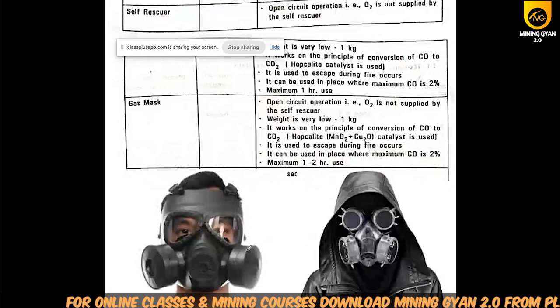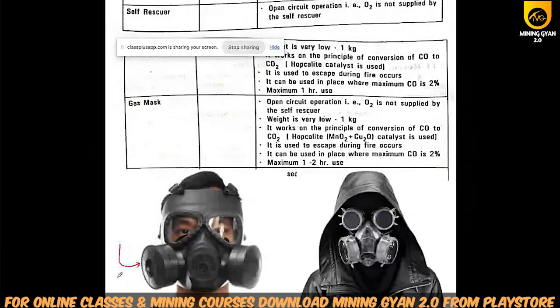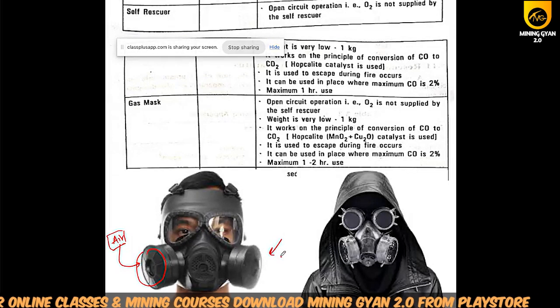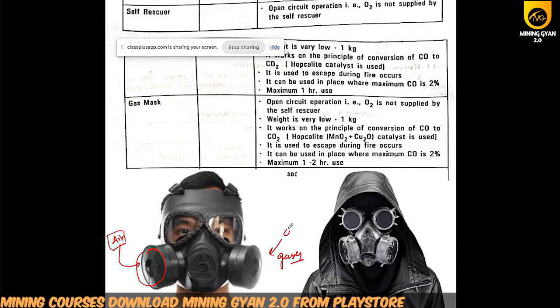Now, self-rescuer. Self-rescuer is open circuit operation. Open circuit, as I told you. You breathe air from the outside environment, so it filters. Suppose you have a lot of fumes and gases in your environment, but O2 is also present.